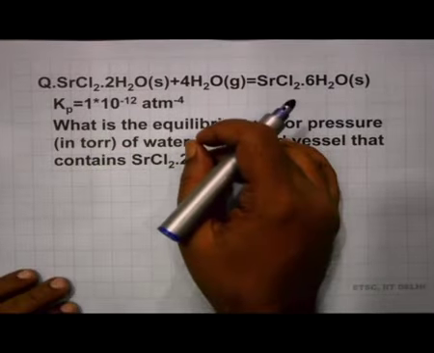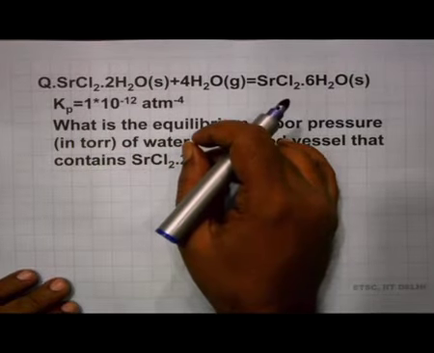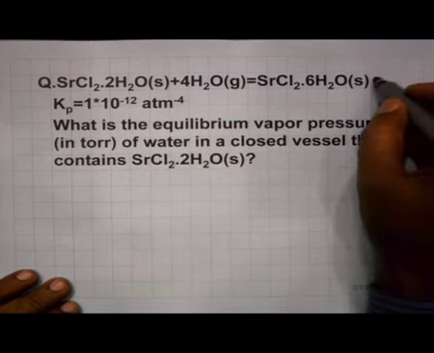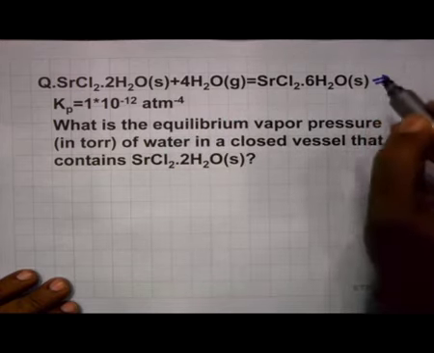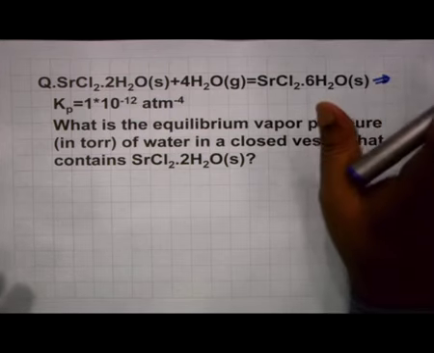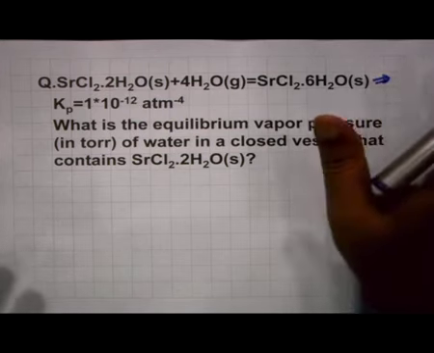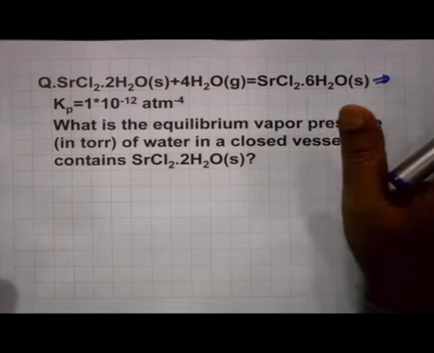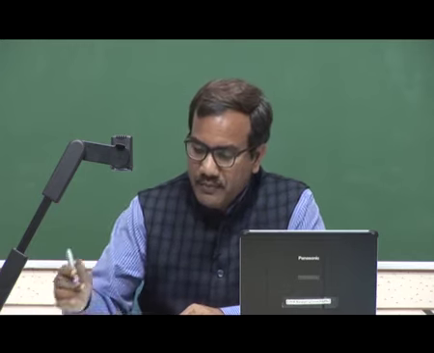Now, in this problem, I will start with a heterogeneous reaction. In the previous question, it was a homogeneous equation. Why was I saying homogeneous? Because your A2, B2 and AB2 were all in the gaseous phase. In this question, we will take an example of a heterogeneous reaction.